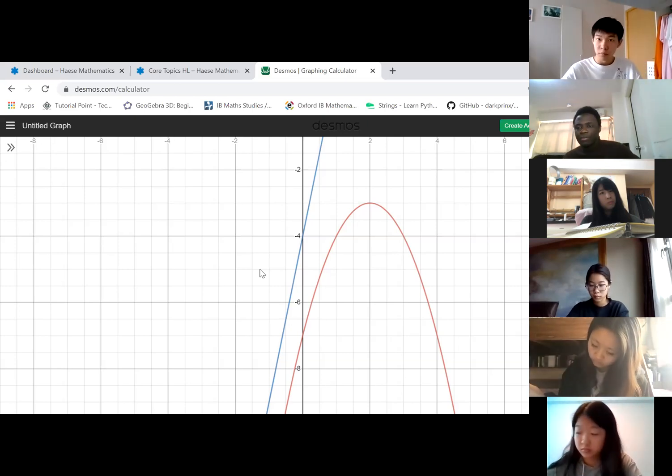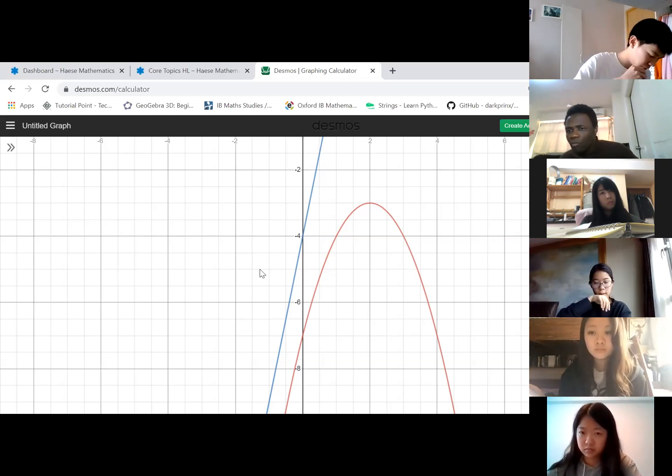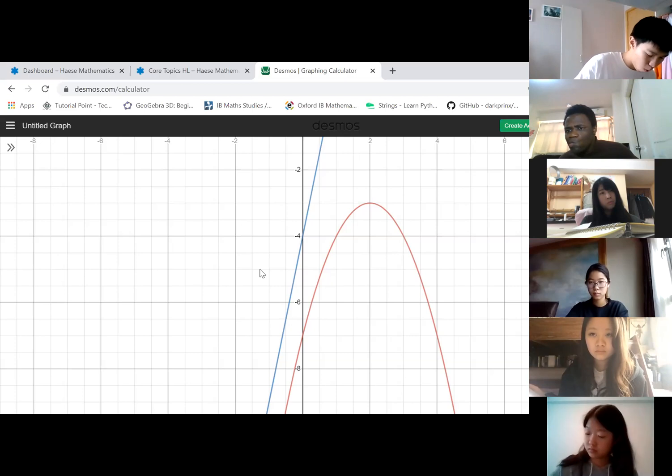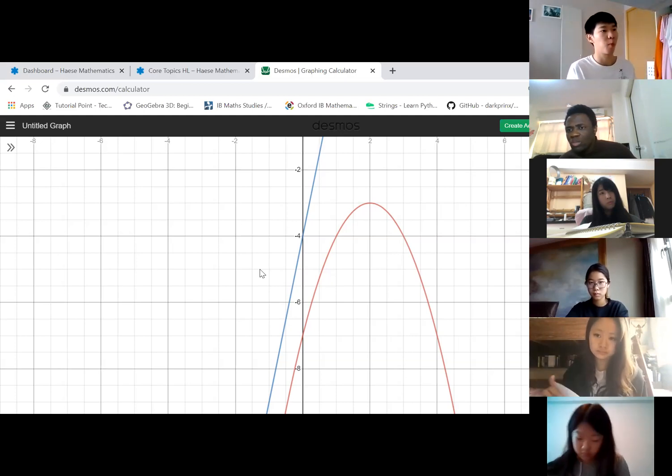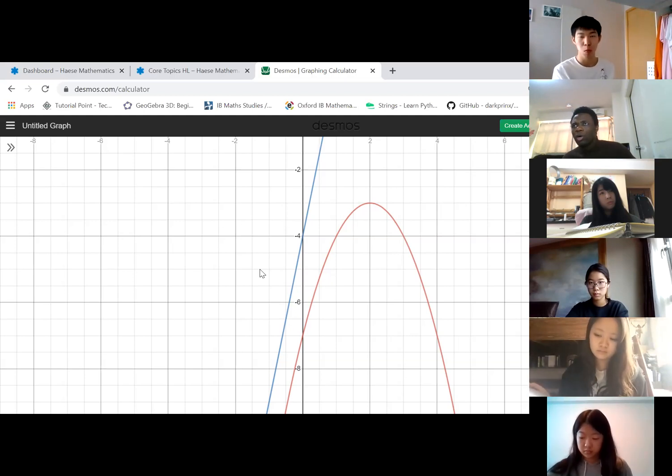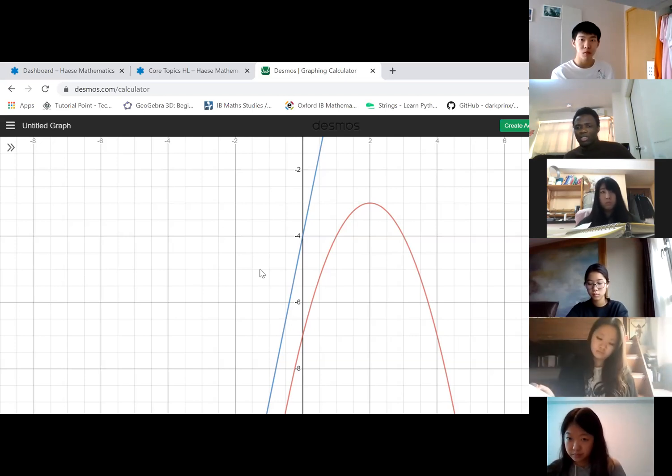You make the two graphs equal each other, and then you see the kind of equation it would give when it equals 0. Okay, so you equate the two together, then you see the kind of equation. So how do I know? By looking at the equation.